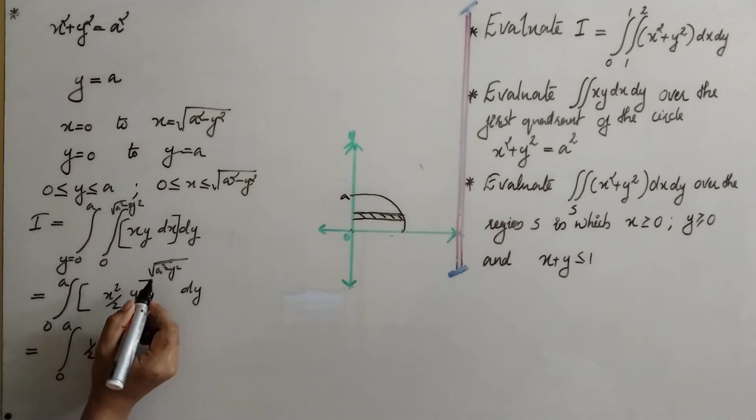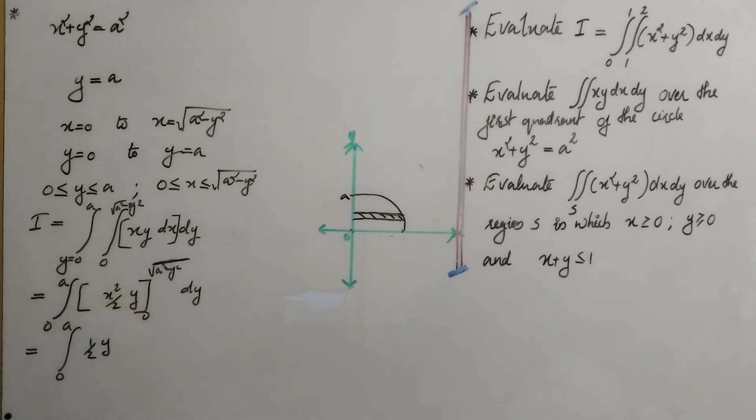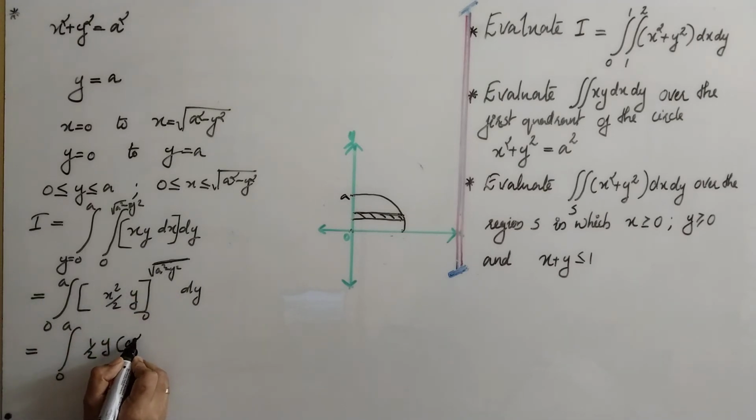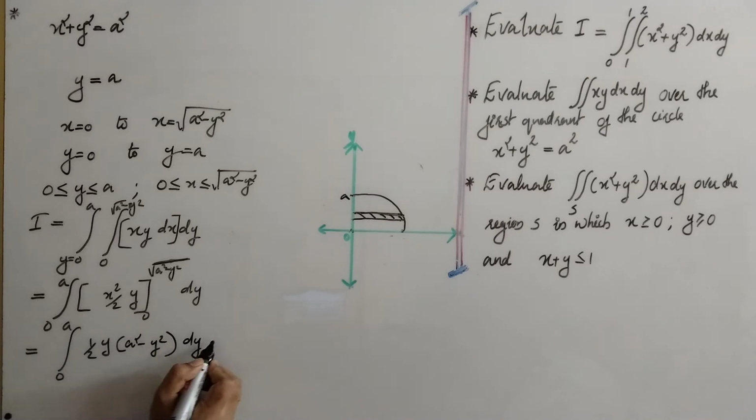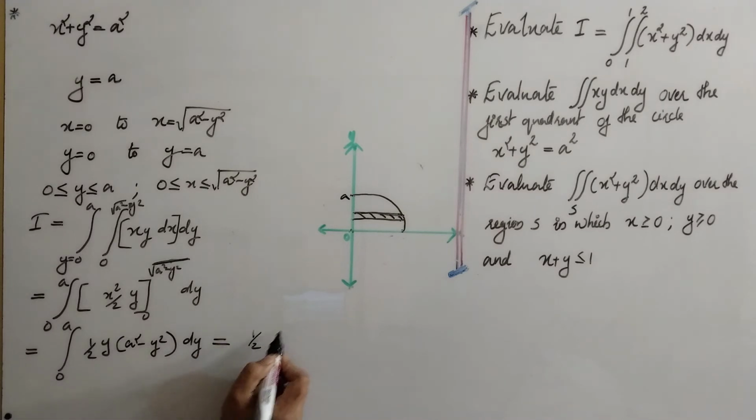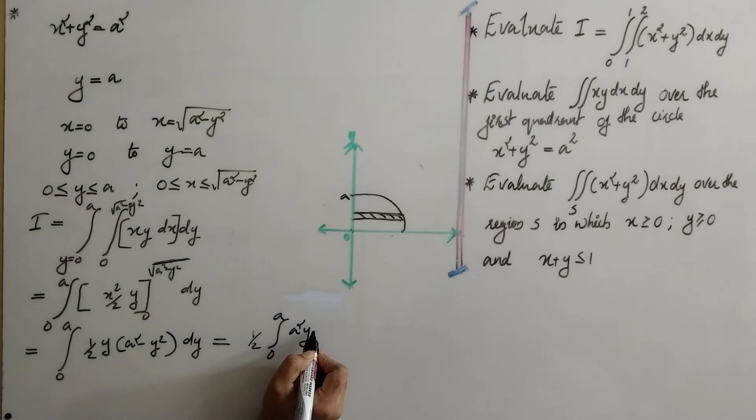Here, applying the upper limit, that is root of a square minus y square, we have x square, so a square minus y square into dy. If we apply the lower limit, it becomes 0. So 1 by 2 into integral 0 to a of a square y minus y cube into dy.